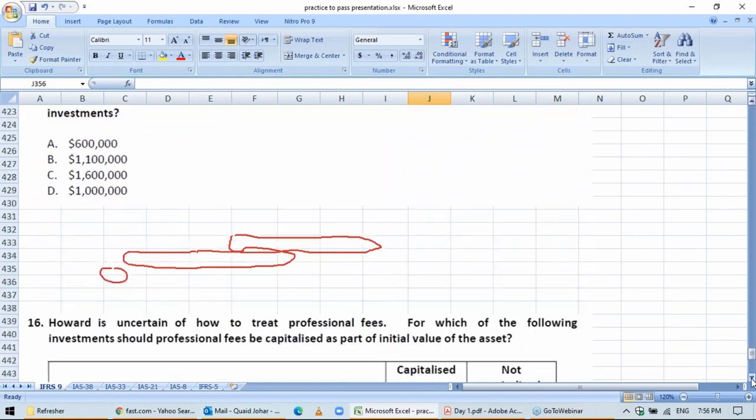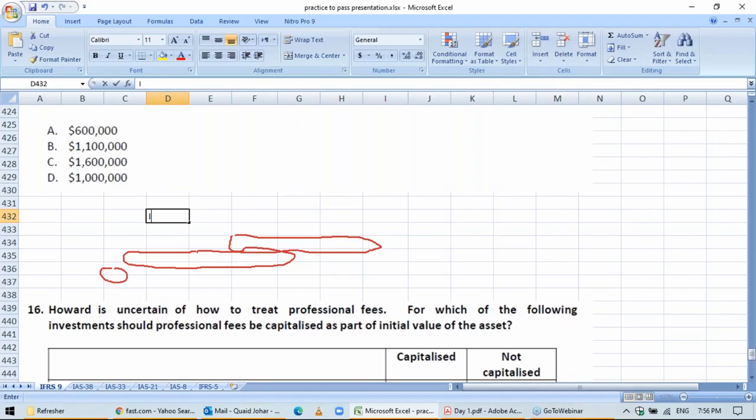So what happens in question number 15? First, you will record the increase in fair value in the profit and loss account. The fair value increases. The share is now $7, on 1 million shares. Then dividend income is to be recognized.